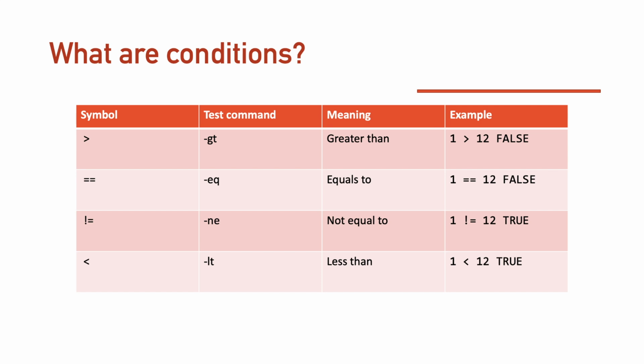So we have a version of greater than, equals to, not equals to, and less than, and you can see over here, is 1 greater than 12? No, so it's false. Is 1 equal to 12? No, it's false. Is 1 not equal to 12? Then it's true. And if 1 is less than 12, that's also true. So you can see we've got a limitation here of true or false.